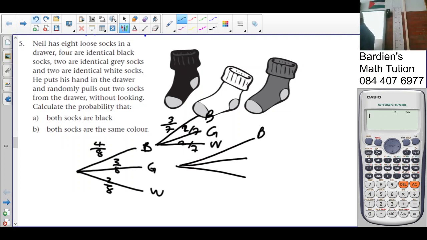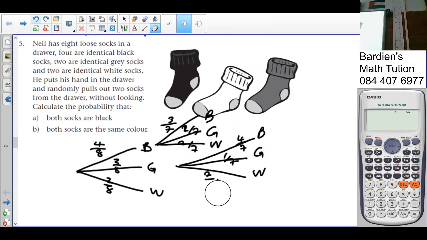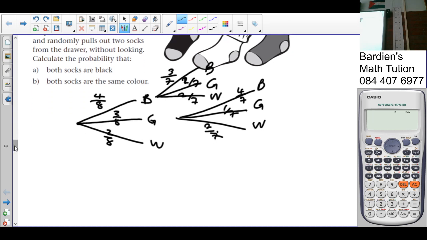Again, black, grey, white. If he pulls grey first, it's going to give you 4 out of 7. Then, 1 out of 7. Then, 2 out of 8, 2 out of 7. The next one, black, grey, white.